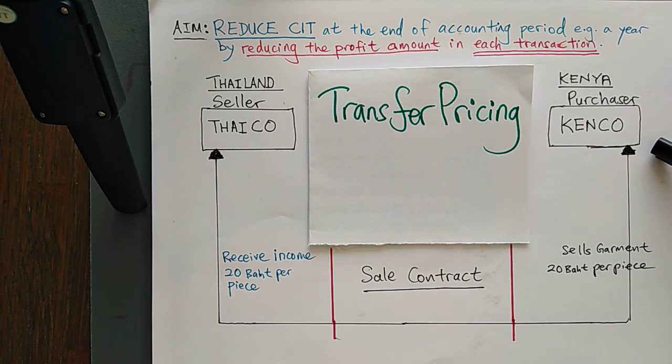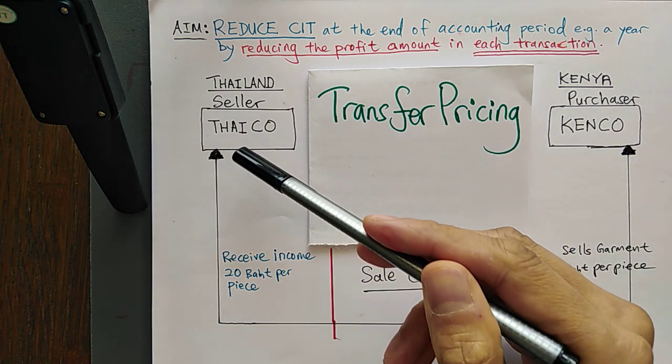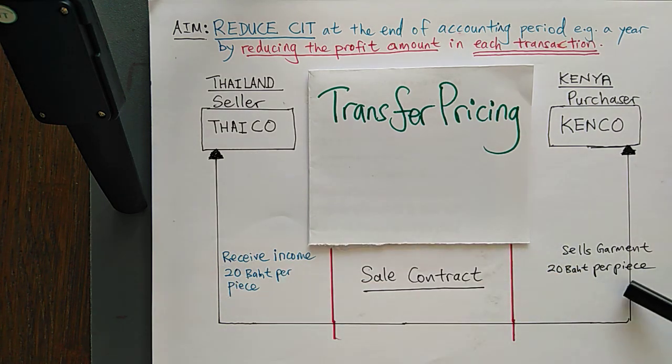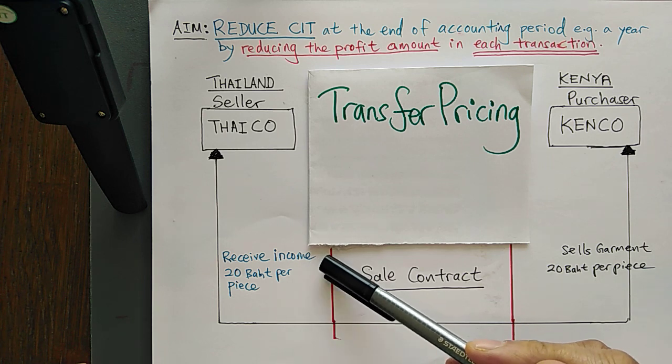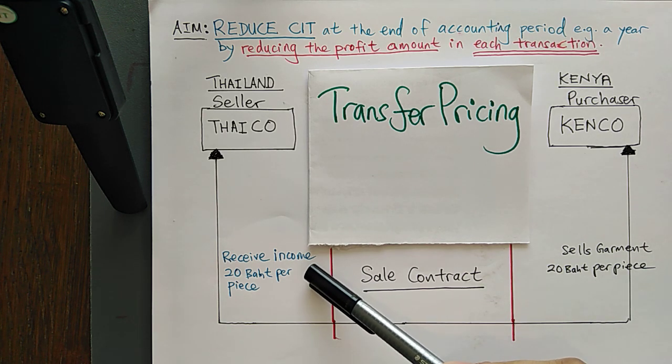And this purchaser in Kenya would of course pay you the purchase price, which you will receive as your income, 20 baht per piece.